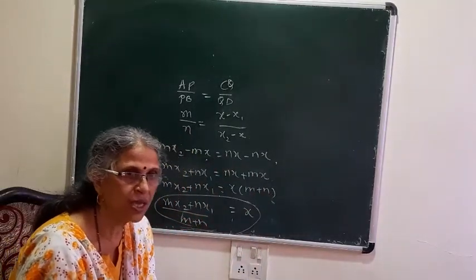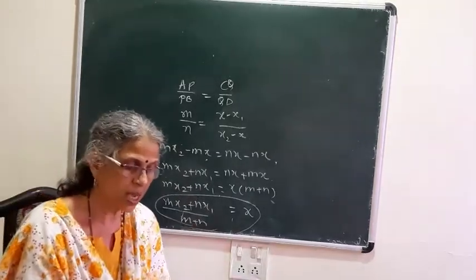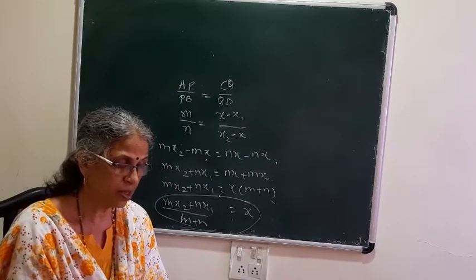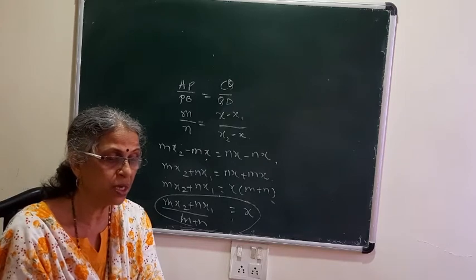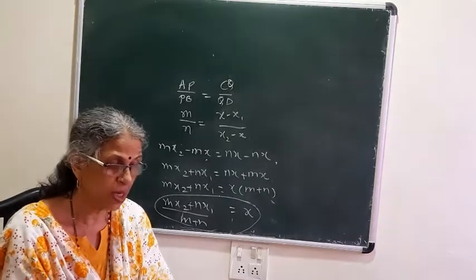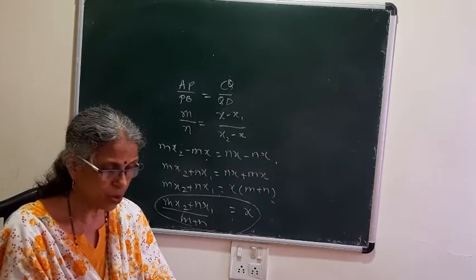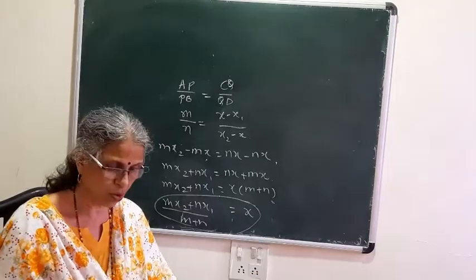Usually they don't ask the derivation or the proof in the exam, but we are going to use it. But you should know that this x coordinate is of point P, which is the intersection point on segment AB. Similarly, we can have the y coordinate as my2 plus ny1 upon m plus n. So you take down these formulae.